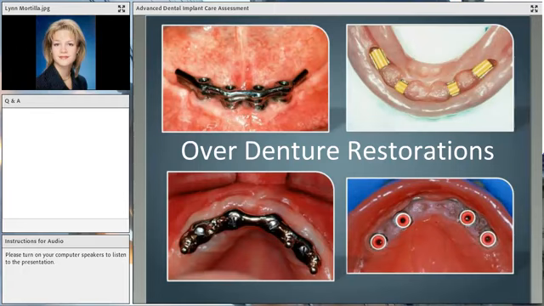The overdenture restoration at the bottom, those are O-ring attachments. And those O-rings fit right onto those metal struts, at that bar abutment junction there. And you'll notice that they look like little rubber washers, and that's exactly what they are. They are stress breakers. And their purpose there is to absorb stress and load. Those attachment mechanisms come in different sizes and shapes and colors.